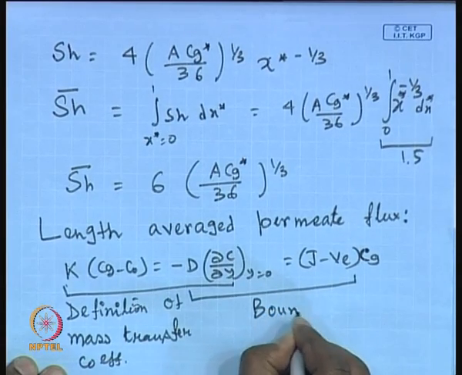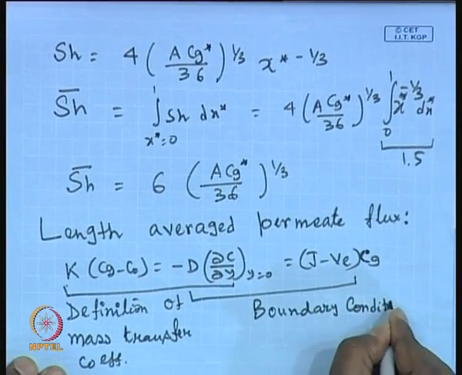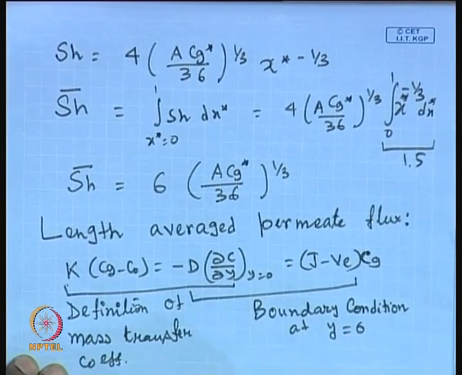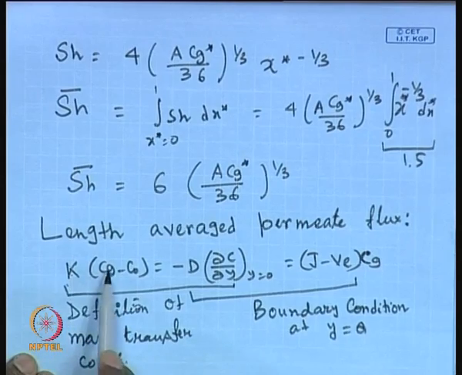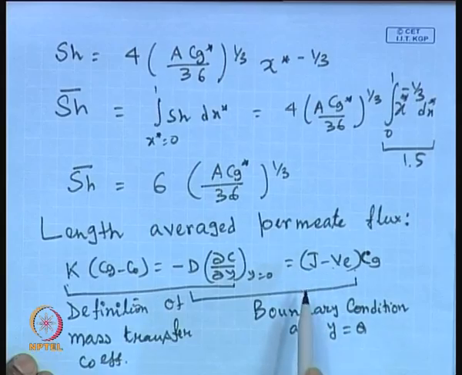This is the boundary condition at y equal to 0. So, if you equate k times Cg minus C naught is equal to J minus VE times Cg, then we will be getting an estimation of the permeate flux.